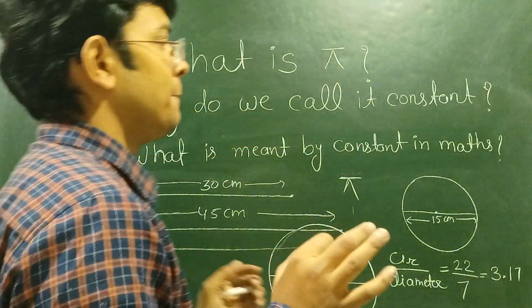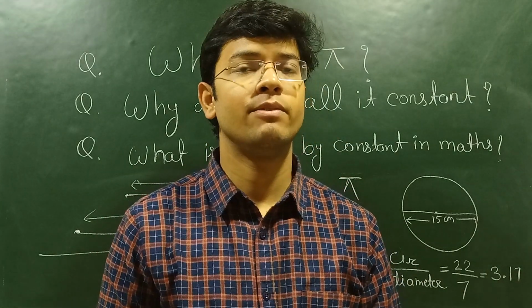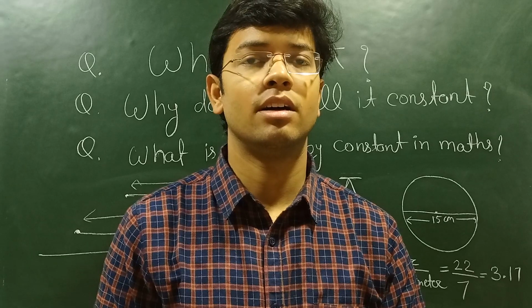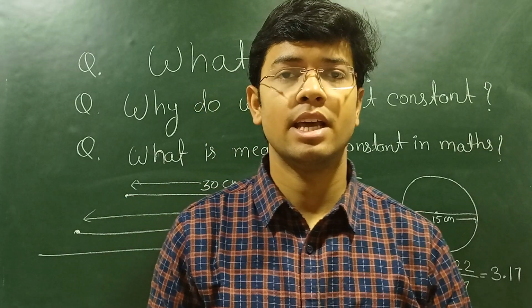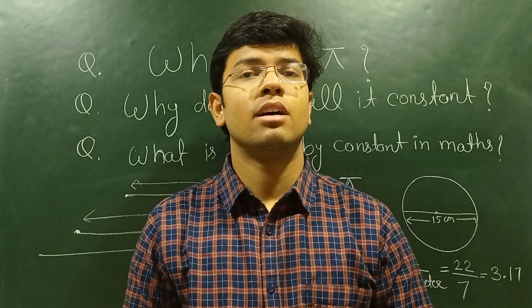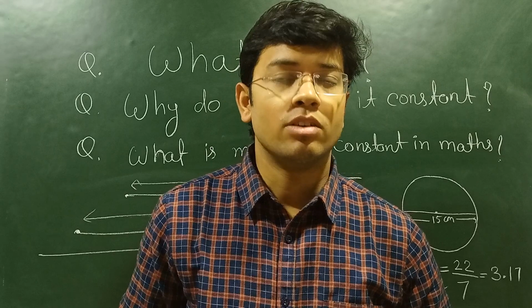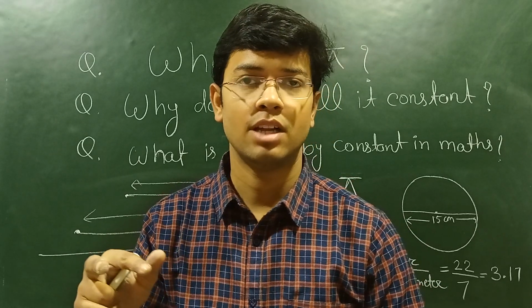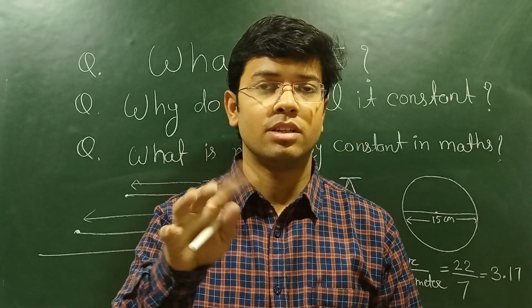So the question is clear: why we use constants, and how can we get a constant in maths and physics. In physics also we can get a constant when we tell the relation between two terms.